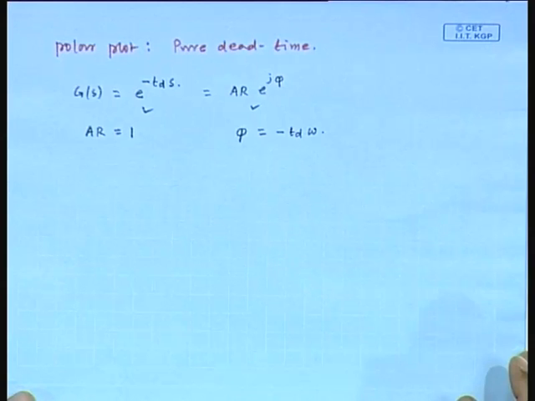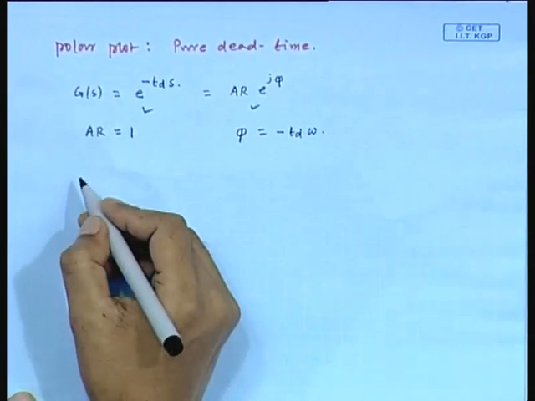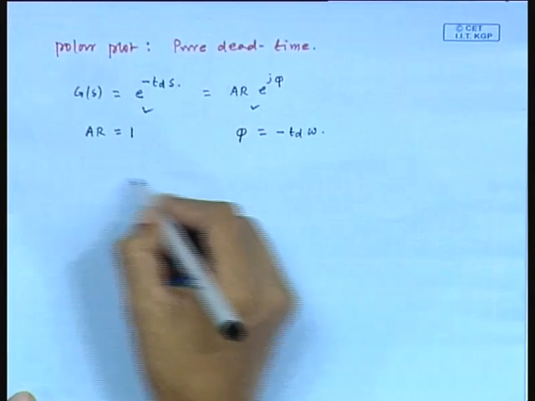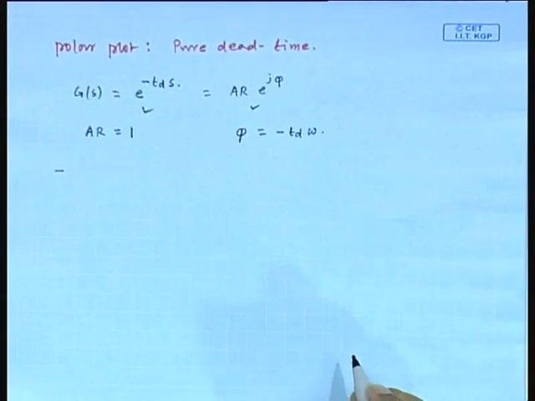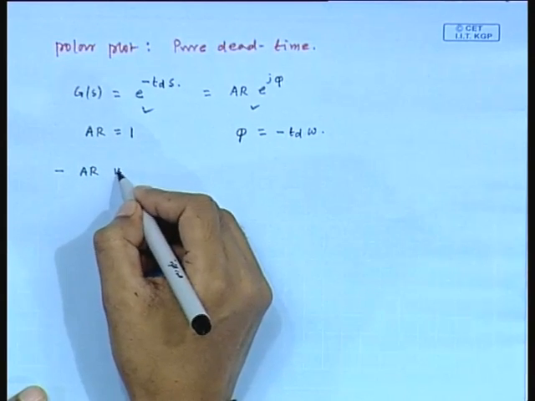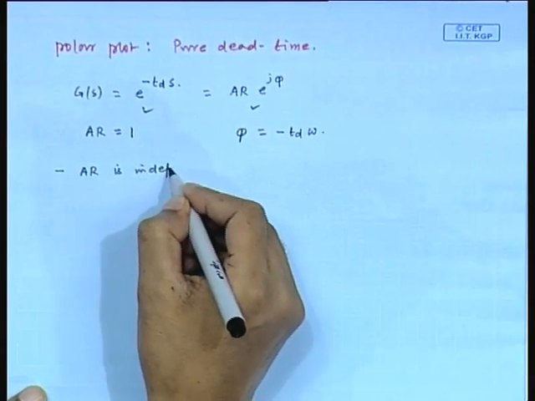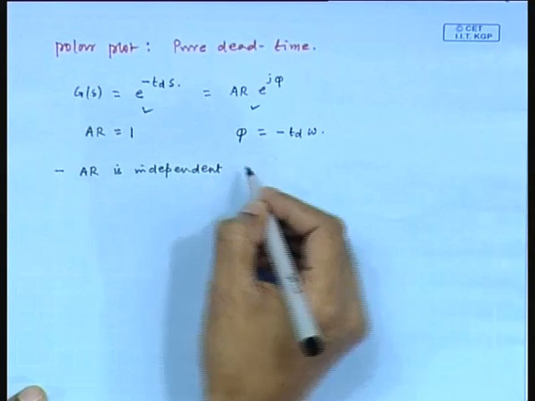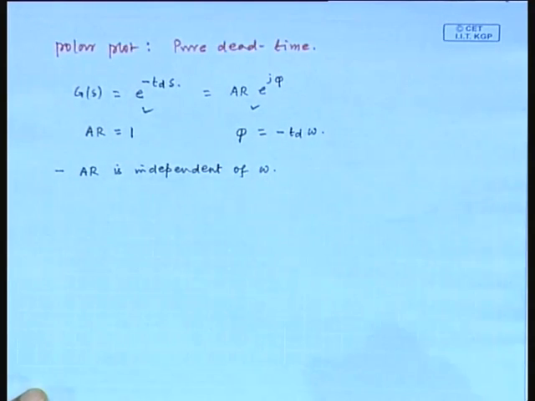So, it is obvious that amplitude ratio is independent of omega, and that is always 1. So, the polar plot is a circle of radius 1.